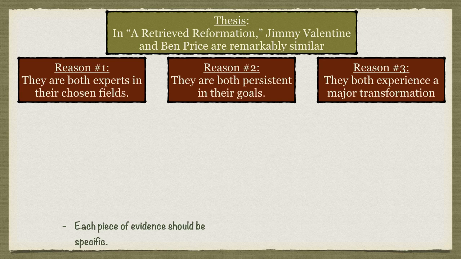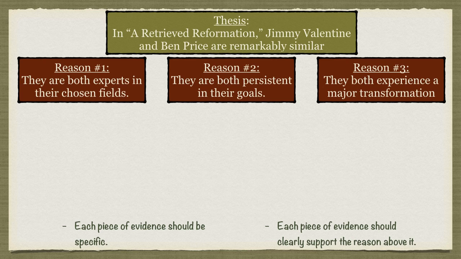So, just a reminder, each piece of evidence should be specific, and each piece of evidence should clearly support the reason above it. So, our thesis, in A Retrieved Reformation, Jimmy Valentine and Ben Price are remarkably similar. Now, as always, I want to go one reason at a time. So reason 1 says they are both experts in their chosen fields. Since this is a character comparison thesis, what makes a lot of sense for the evidence is to do one piece of evidence about one character and the other piece of evidence about the other character, because that'll guarantee that they fully support the reason and each will be specific.